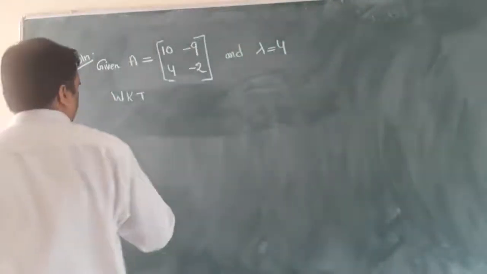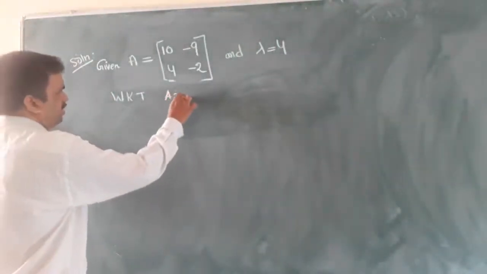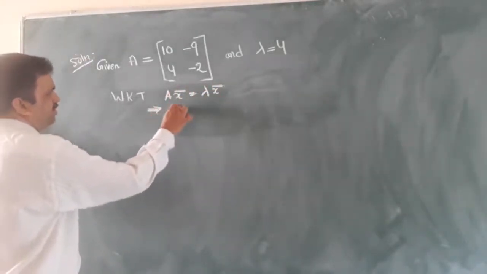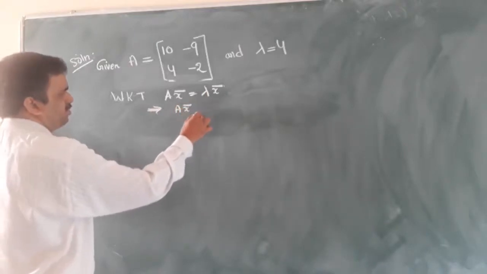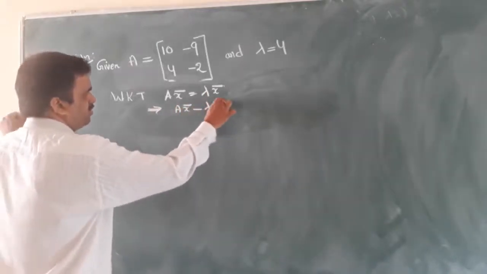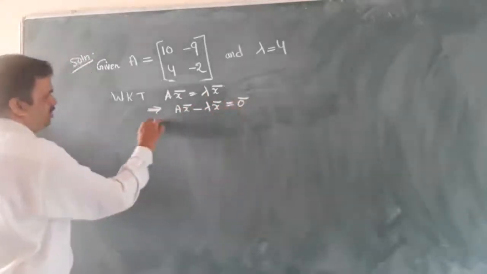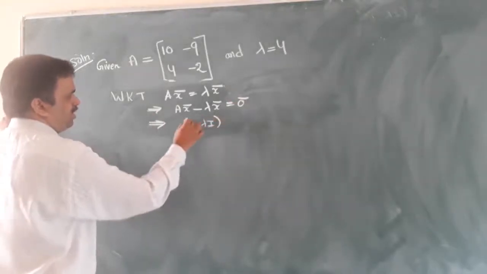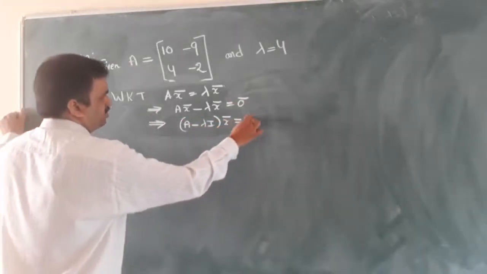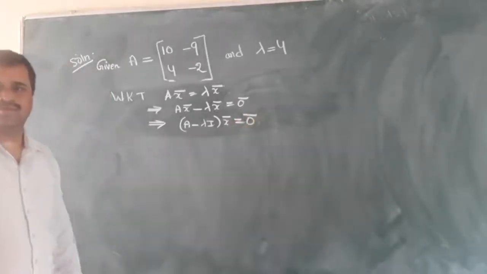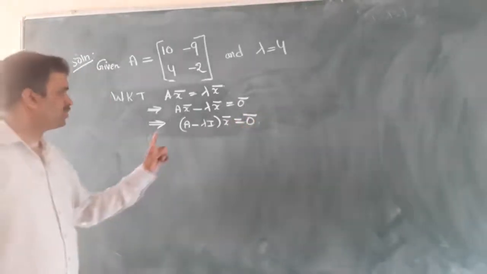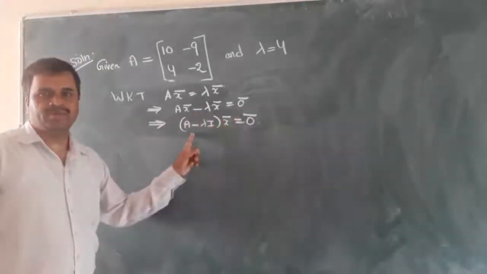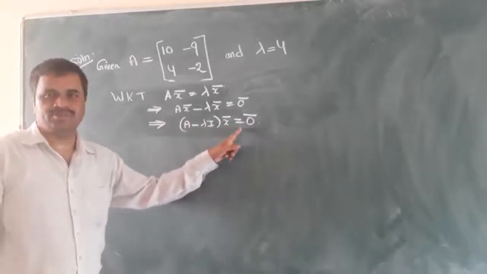Come on, right. We know that A x bar equal to lambda x bar implies A x bar minus lambda x bar equal to 0 bar, implies (A minus lambda I) x bar equal to 0 bar.